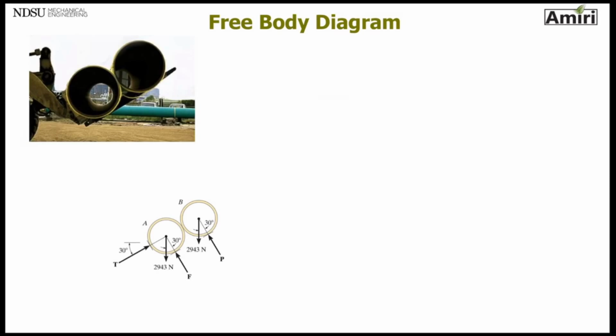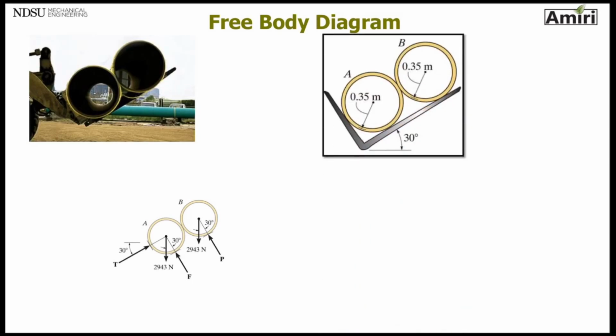So I was going to draw that free body diagram for you, but it appears that it's already there. So let me see. So this is two huge pipes being carried around. So the idealized situation is just basically two circles resting on a surface, which we call a smooth surface.